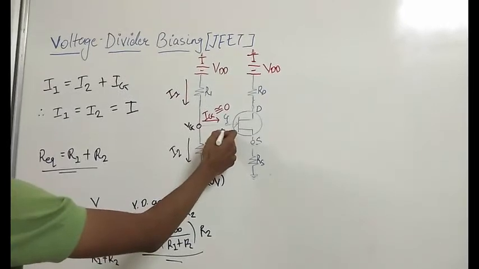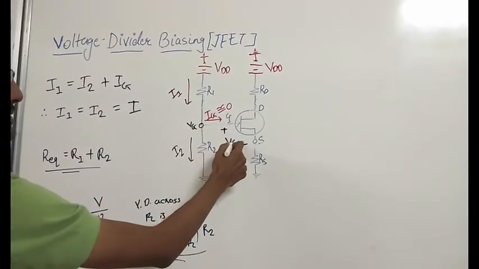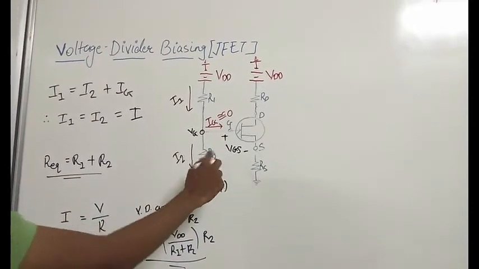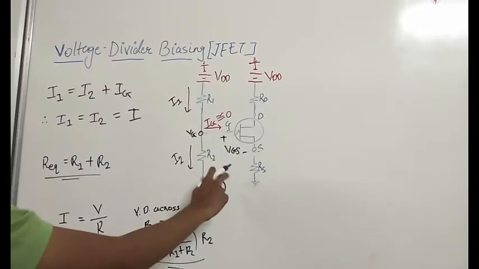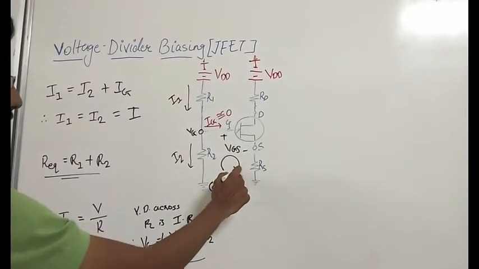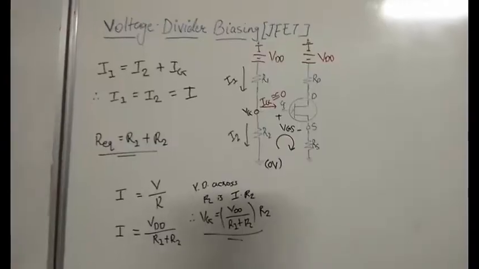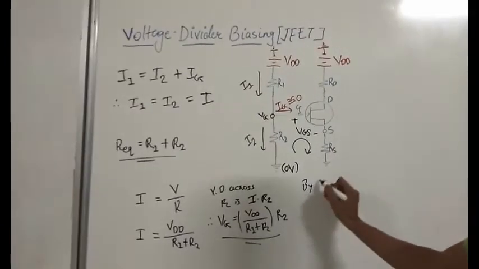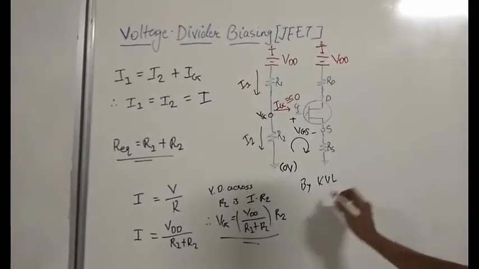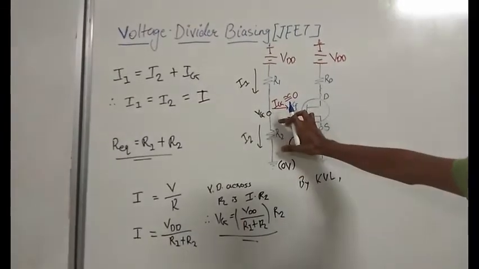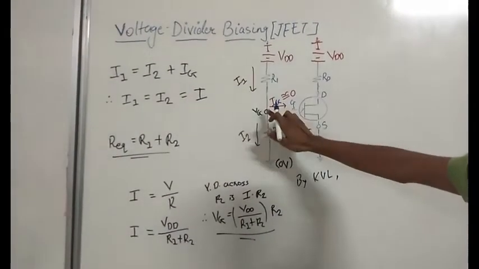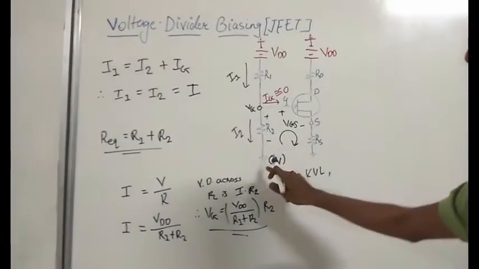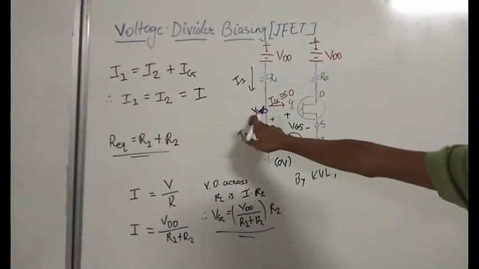So the voltage across this is VGS, and to find out VGS I will apply KVL on this loop. By KVL I can write that the voltage drop across this was VG, and the polarity of VG was plus here and minus here, because this was ground and this is the plus volt VG.